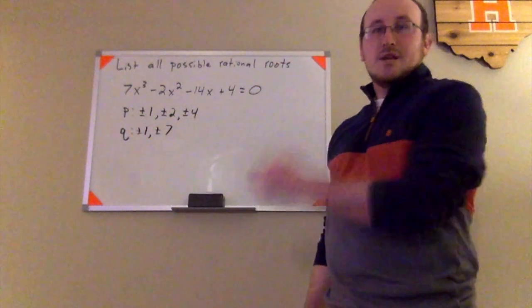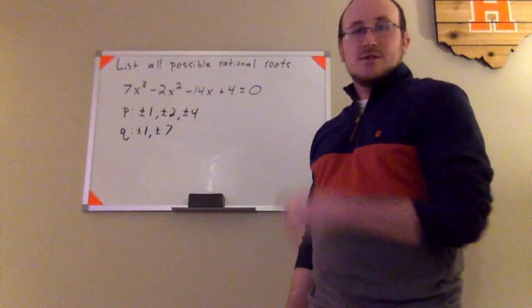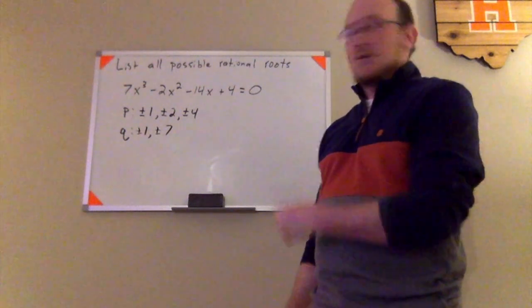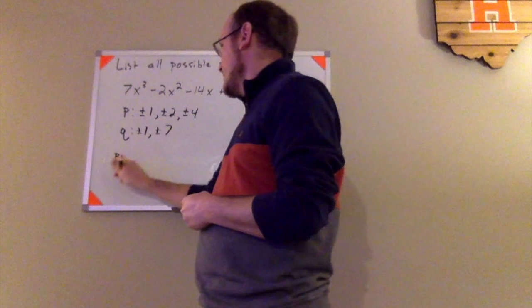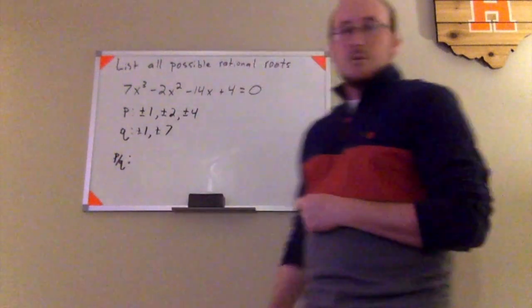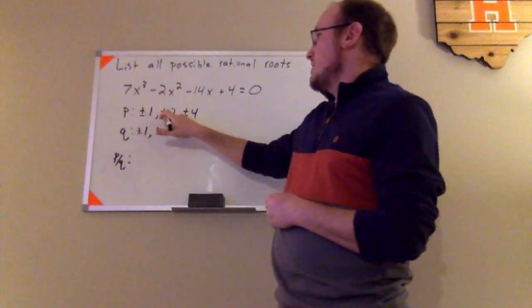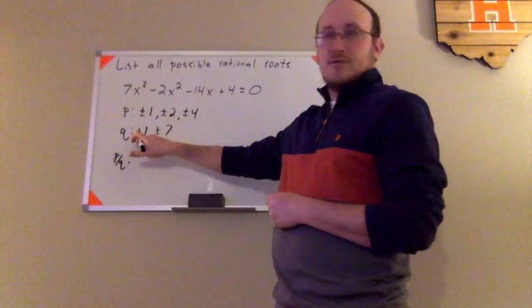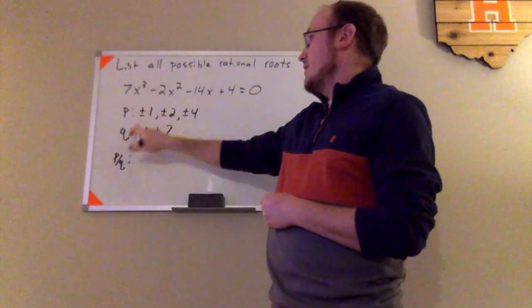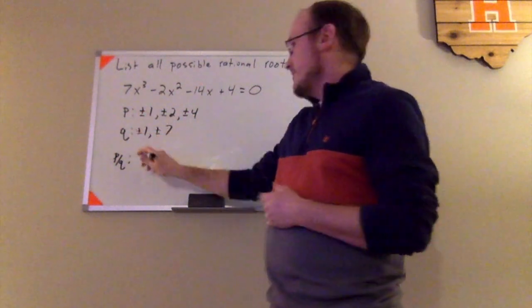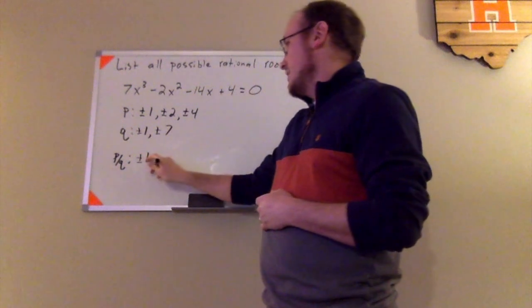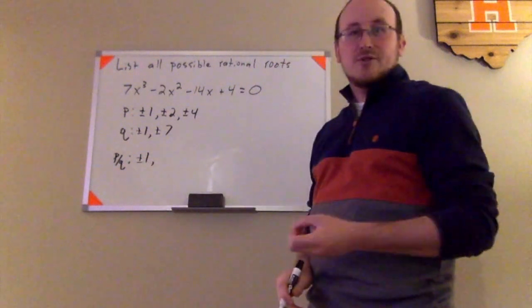Now, we can use these to build those fractions, those rational roots, p over q. So, what we're going to do is take each one of the p values and put it over this q value. So when I put 1 over 1, I get 1. So plus or minus 1. There's 2 possible rational roots.